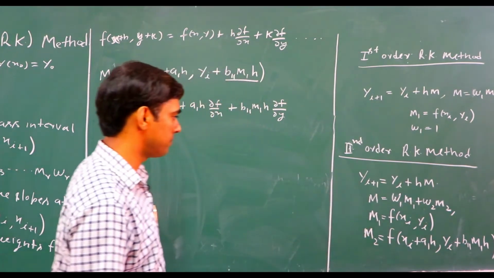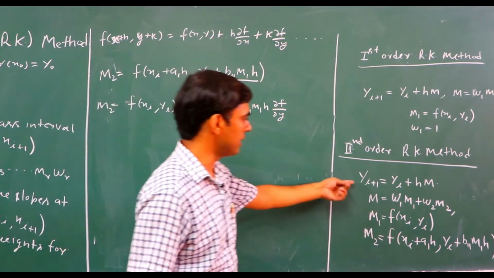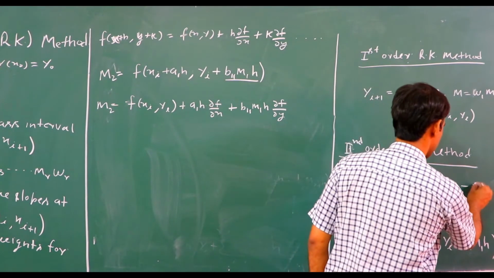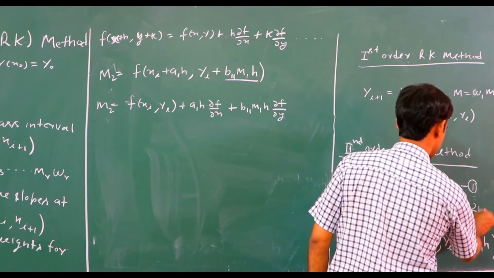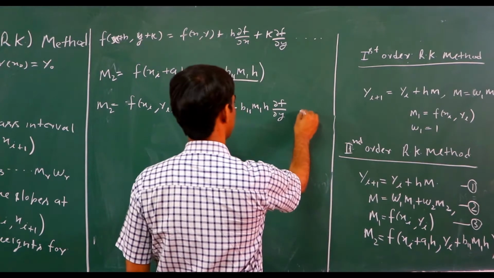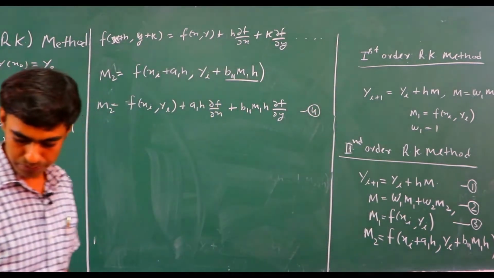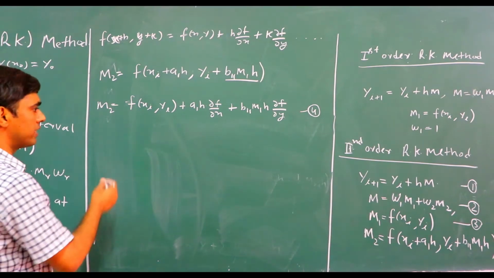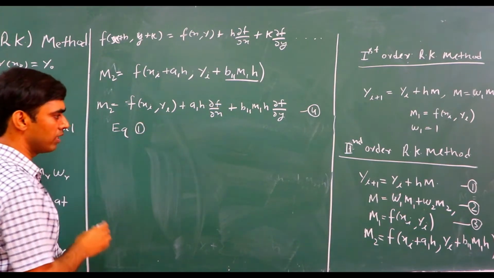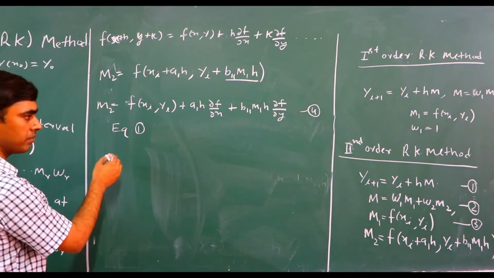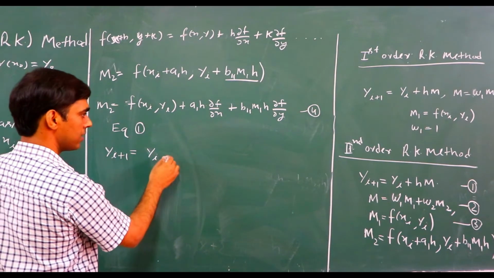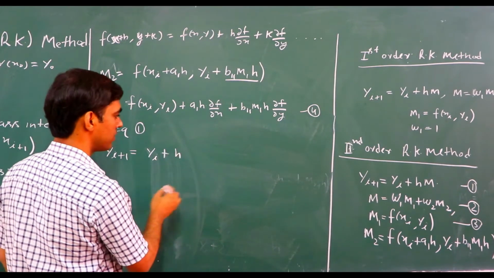Now what is the iterative scheme? If we denote these by equation numbers 1, 2, 3 and 4, equation 1 becomes y_{i+1} equals y_i plus h m.